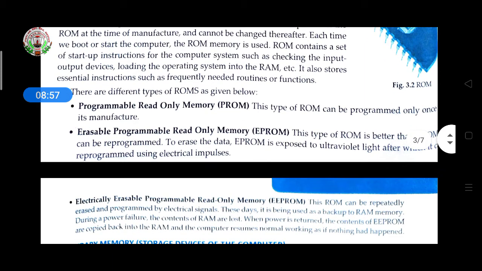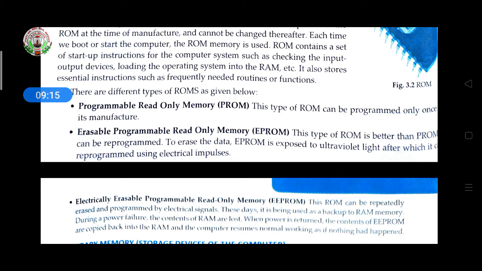It is given here. The first one is programmable read-only memory. This type of ROM can be programmed only once by the manufacturer. Then erasable programmable read-only memory means this type of ROM is better than PROM and can be programmed to erase the data.